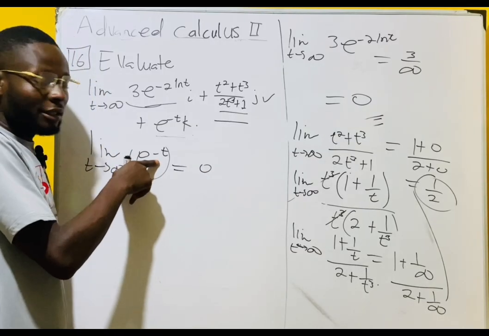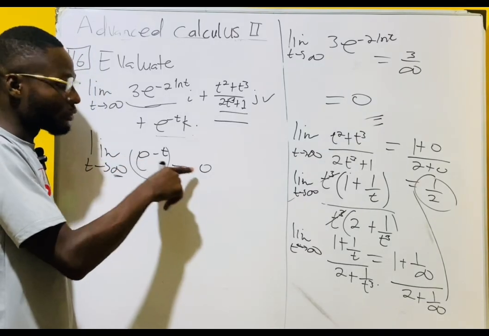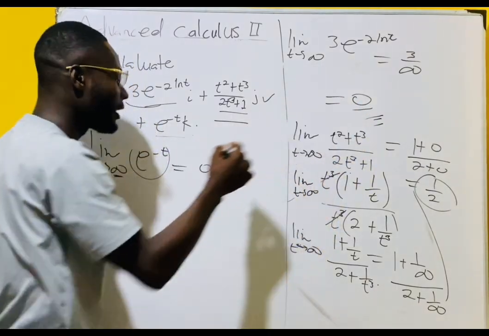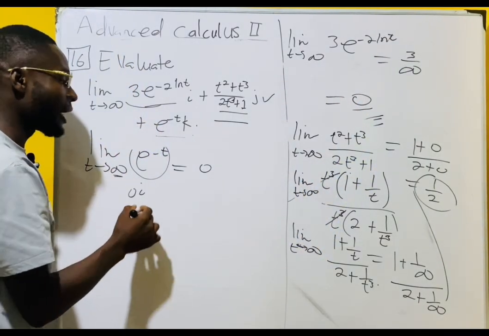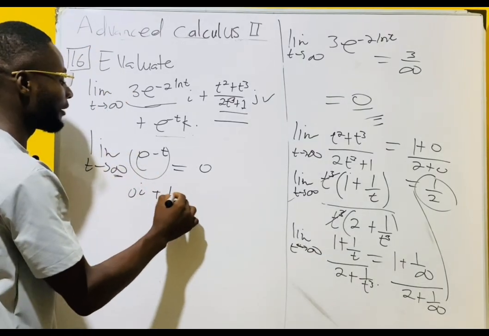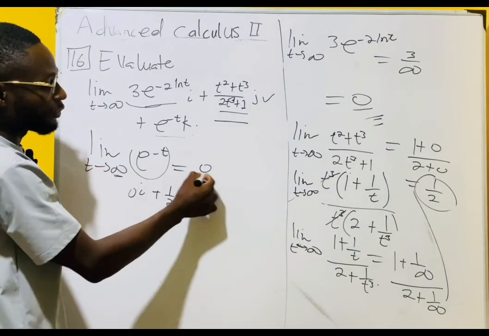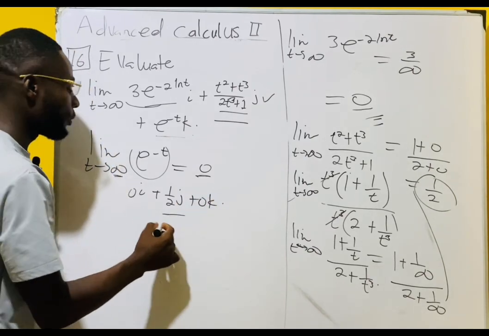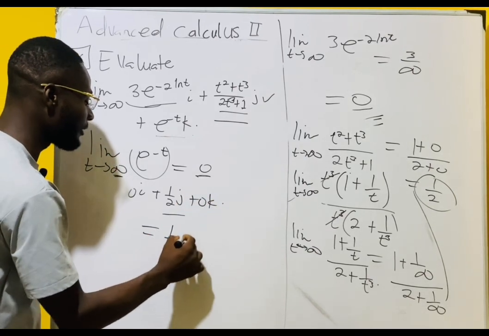In a nutshell, we're going to combine all. So we have 0i plus the second component, half j, and the third component, plus 0k. So in all, our result is half j.